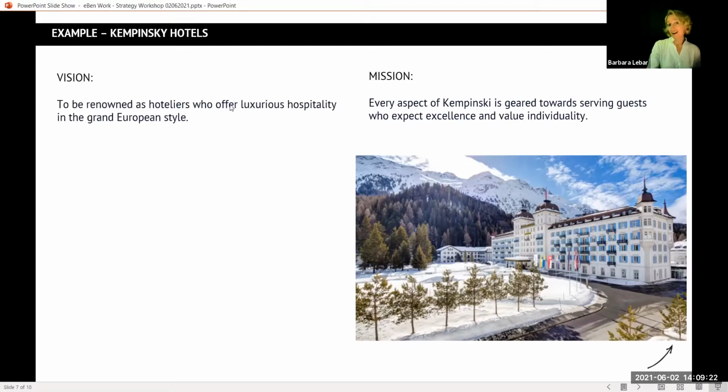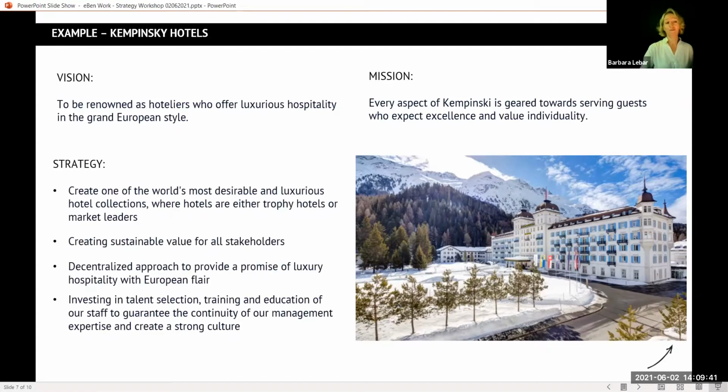Here we offer luxury hospitality in the Grand European style, but here it's what the people are going to get. They can expect excellence and value individually, which is like a result of it, more or less. Yes, that's right. Very true. Good observation, Mariam. Thank you.